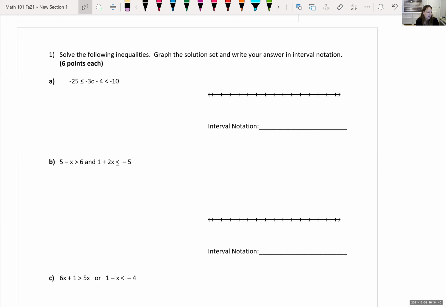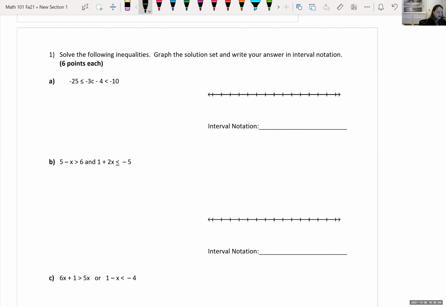Okay, so looking at the first problem, we have this inequality here. We have negative 25 is less than or equal to negative 3c minus 4, which is less than negative 10. We can split this up as two separate inequalities, and it's an and statement.